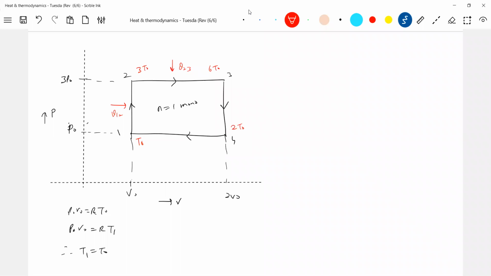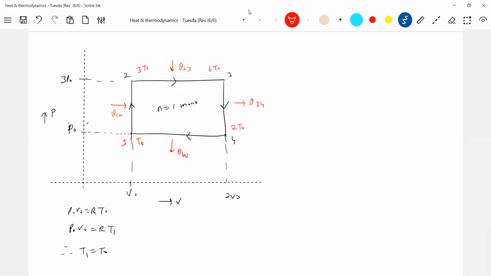Then 3 to 4: volume constant, pressure decreases, so isochoric cooling. 4 to 1: pressure constant, volume decreases. So what is the basic thing now? Heat will be rejected like this here, Q41.